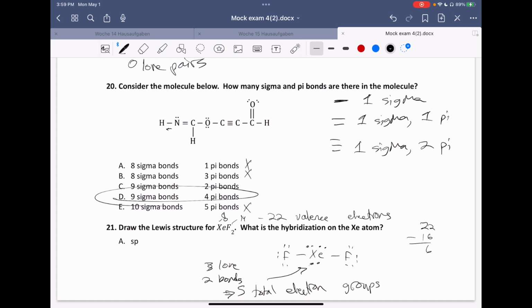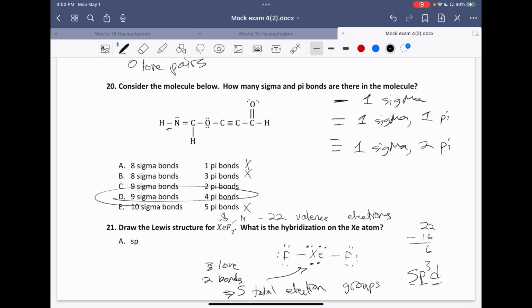All right, and then with 5 total electron groups, that means our hybridization is going to be sp3d for a total of 5 characters, if you want to think of this as S, 3 Ps, and 1 D.